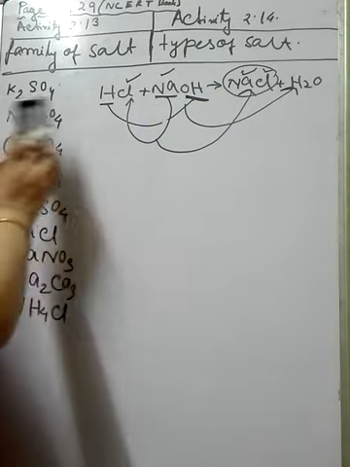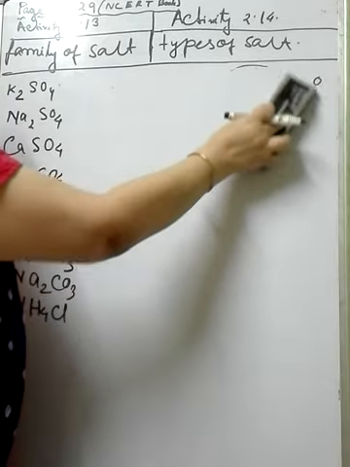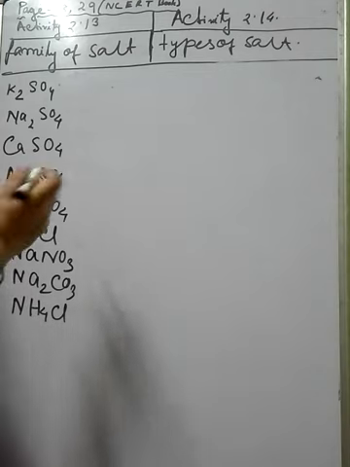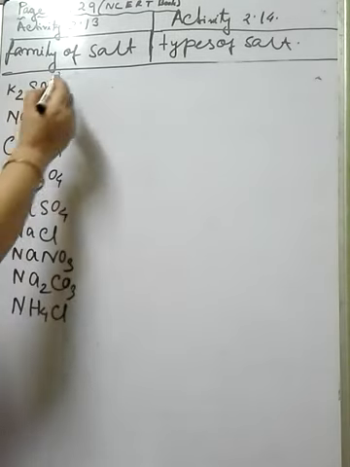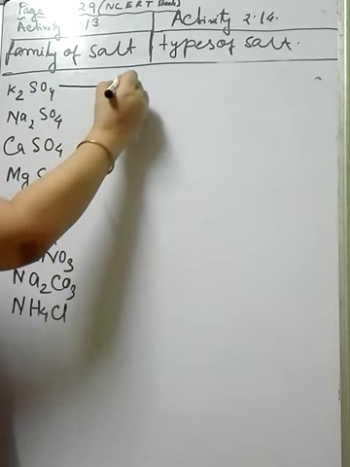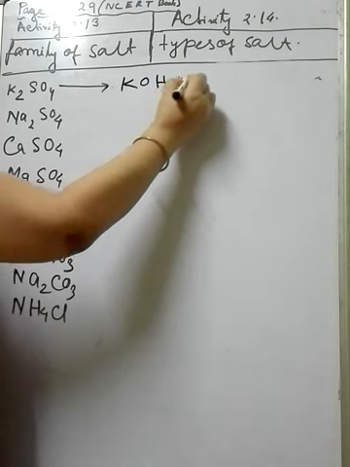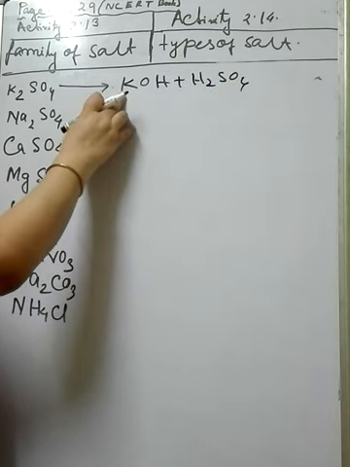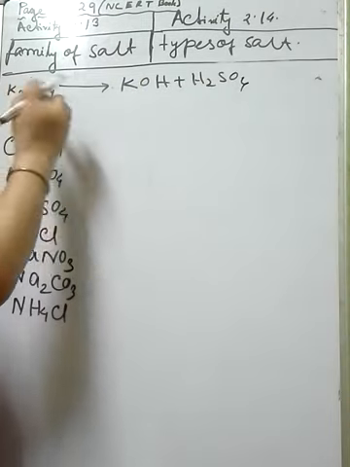Now let us discuss some of the salts given in activity 2.13. Potassium sulfate must be formed by the reaction between potassium hydroxide and sulfuric acid, because potassium from the potassium hydroxide combines with the sulfate radical to form potassium sulfate.